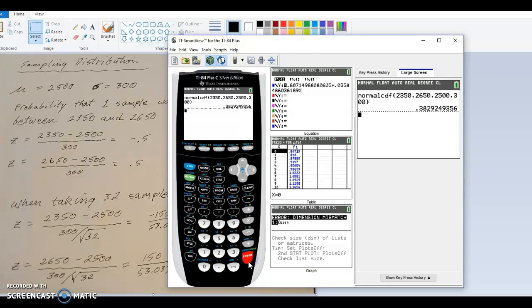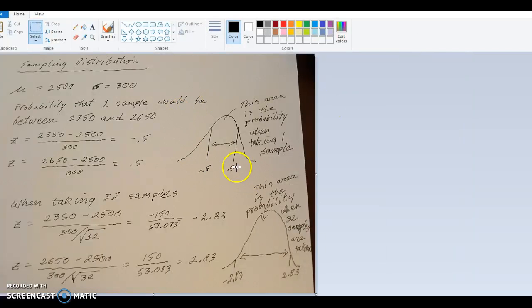And we get about a 38% chance. So we would have a 38% chance that if I just took one sample, there would be a bacterial count between 2350 and 2650.